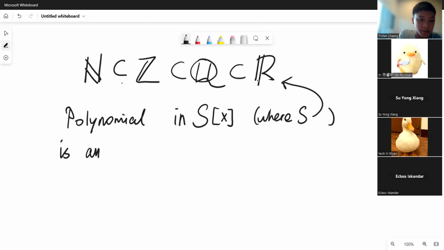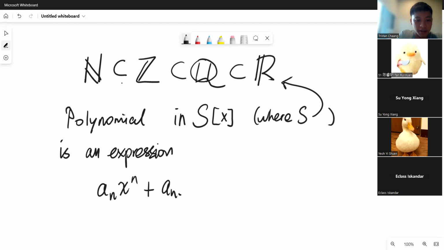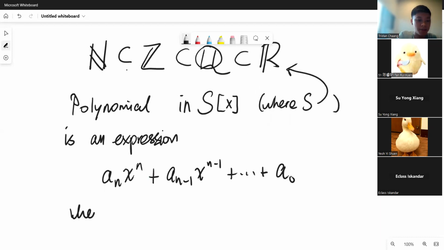A polynomial is an expression or a function of the form a constant times x to the power of n plus another constant times x to the power of n minus 1, and so on until we reach the term that is a constant times x to the 0, which is just a constant term. Here a naught, a1, a2, dot dot dot, an are all in this set.